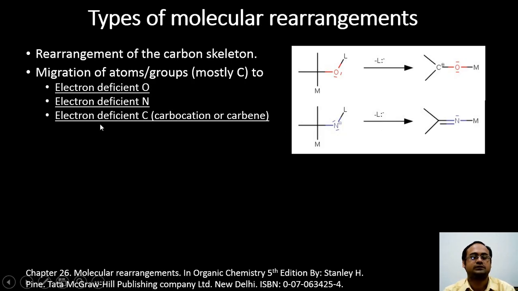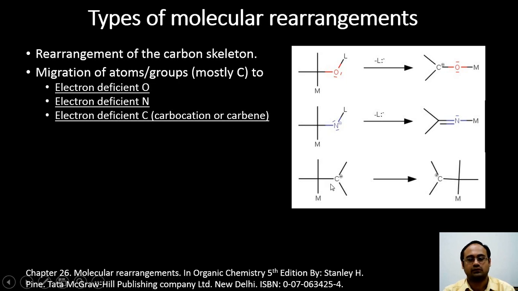Or rearrangements might also take place in which the migrating group moves to an electron deficient carbon, especially a carbocation or a carbene. Once a carbocation is formed, the migrating group moves to that electron deficient carbon to give a rearranged carbocation which further reacts with any reagents present in the reaction.